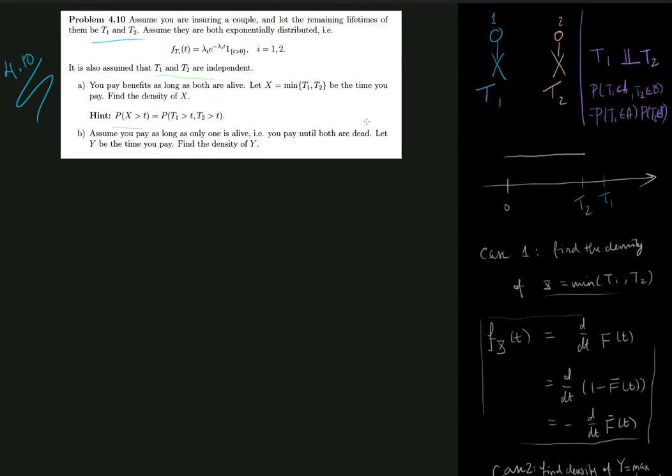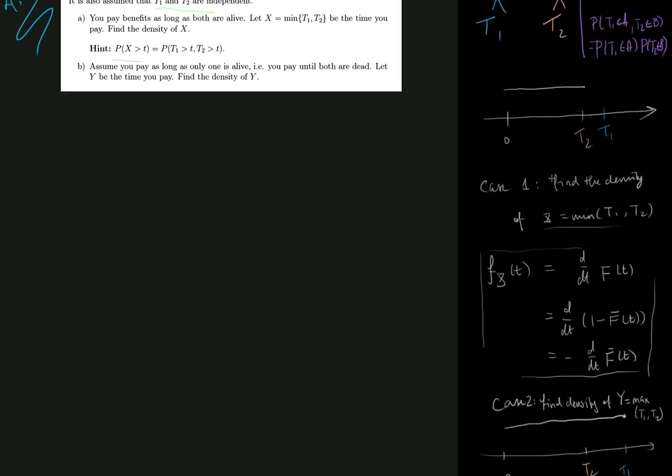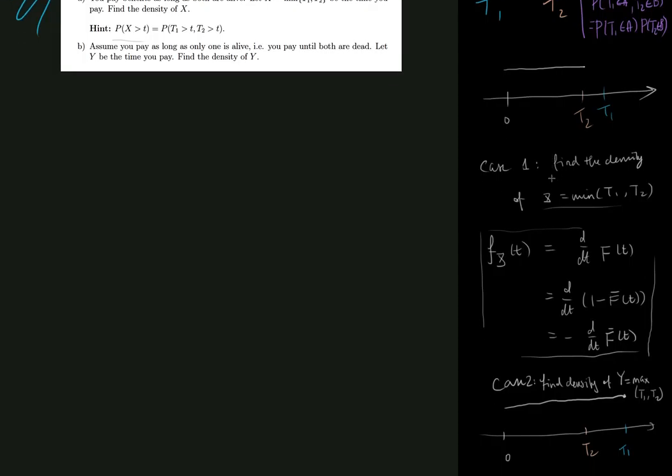So now we want to take a look at B, where we assume that the insurance company pays as long as just one is alive. So the interval of time in which there are benefit payments is as long as the remaining lifetime of the person who lives the longest.